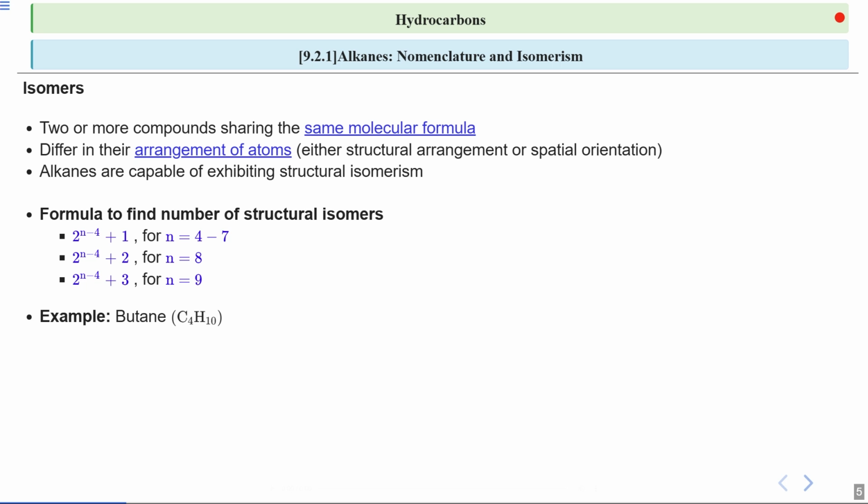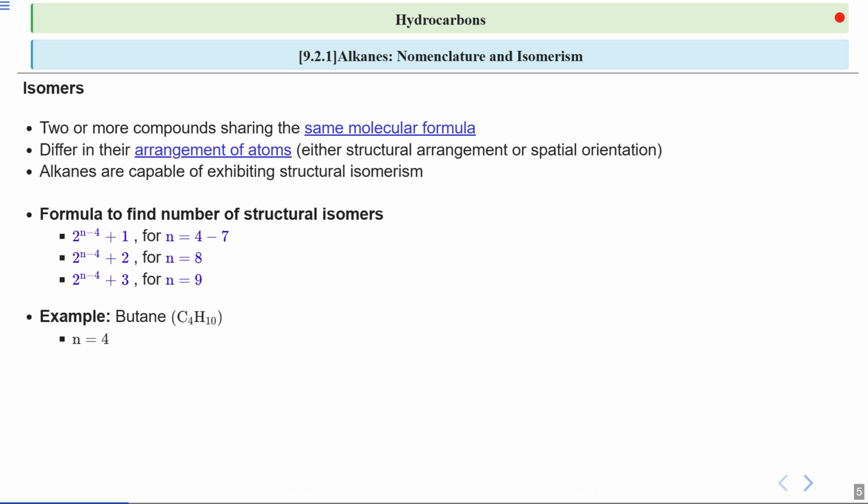Let us look at an example to make this clearer. We will consider butane, which has the molecular formula C4H10. This will help us apply the formula we just learned. In this example, it falls in the region of n = 4 to n = 7, and specifically n = 4.